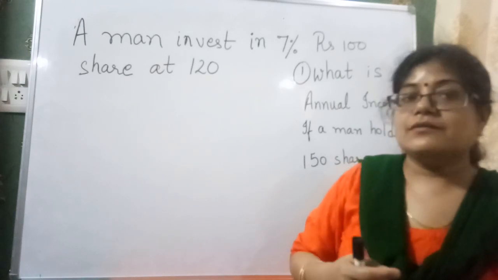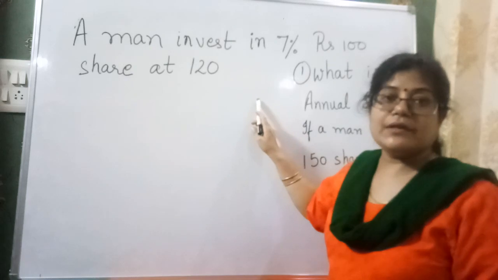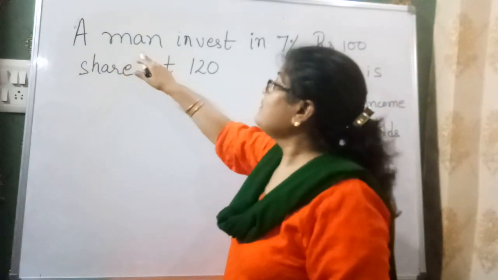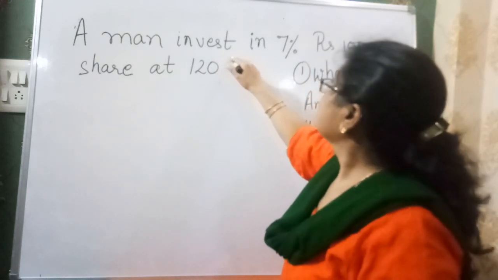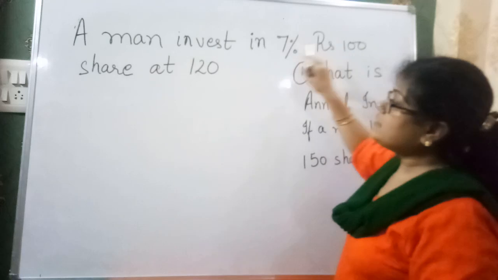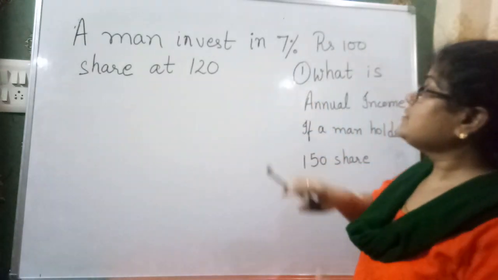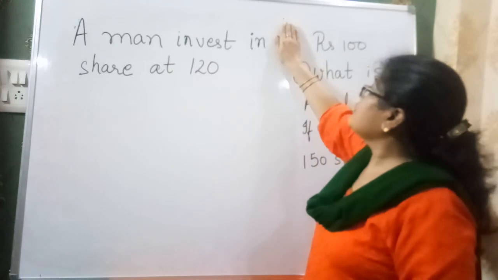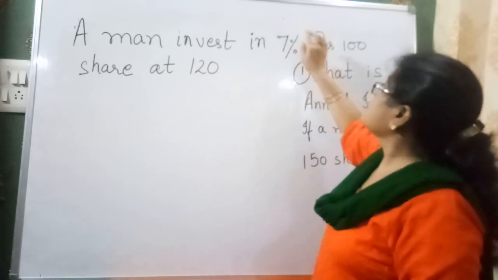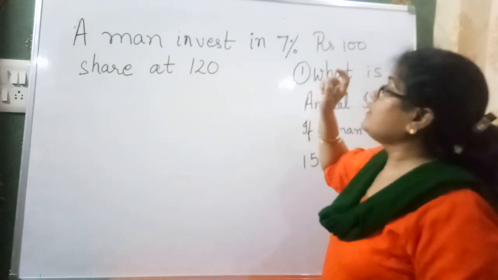That concept I am now taking in this example on the blackboard. There is a man who invests in 7% rupees 100 share at 120. If I remove this word, then we have a man investing in rupees 100 share at 120.